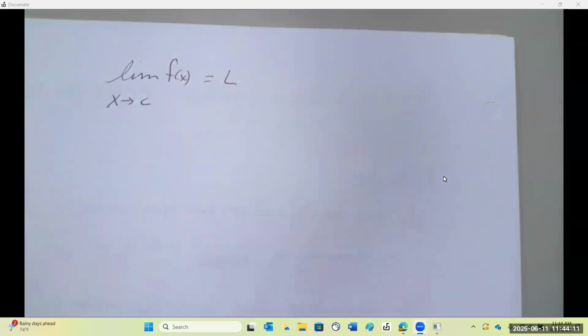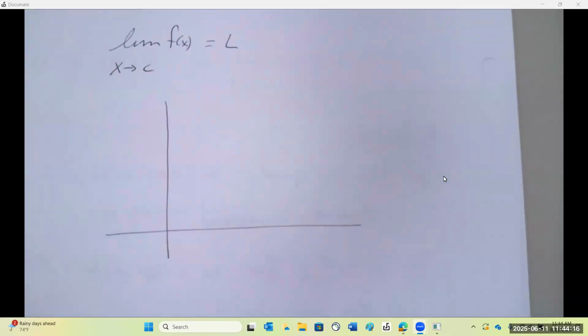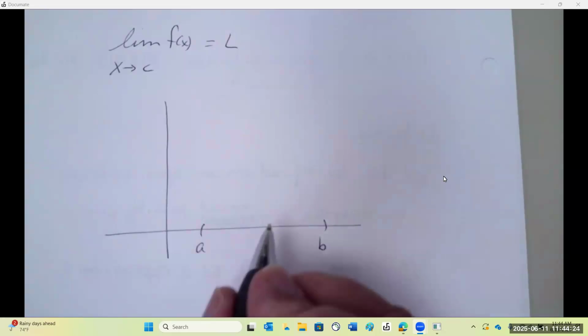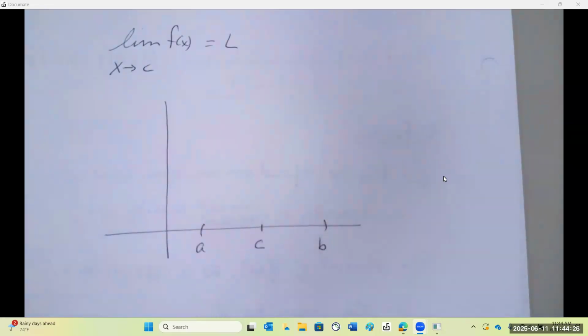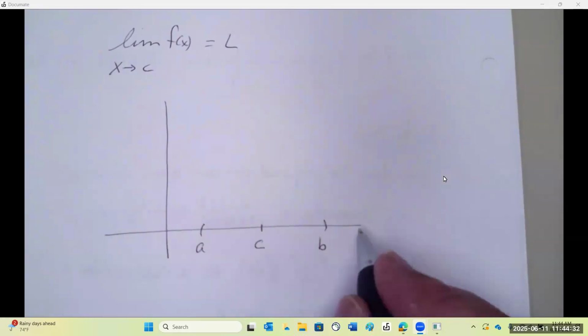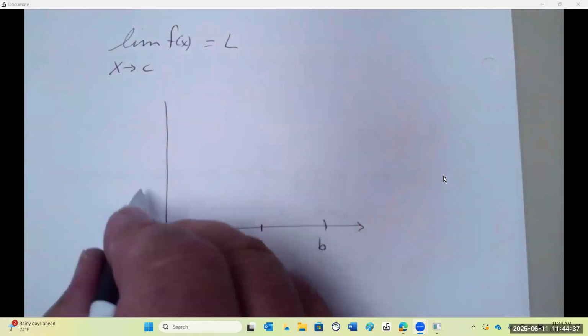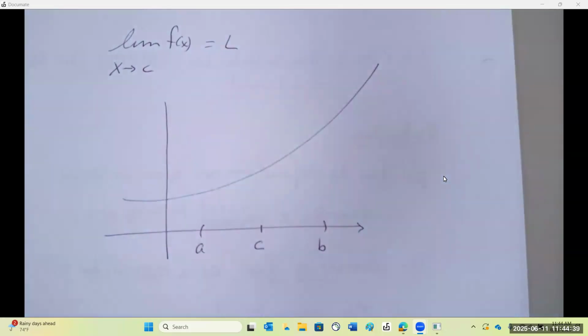Remember, we have our limit of our function as x approaches some value c and it equals L. We have to be in some open interval that contains our value c. Remember, this is our x-axis. And there's our function.